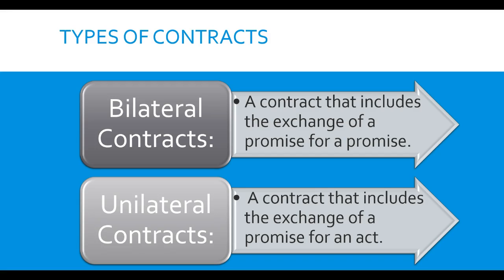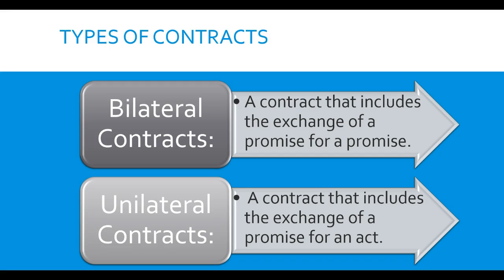A unilateral contract is a promise for an act. If an offeree can accept only by complete performance, a contract is unilateral. A unilateral contract's offer becomes irrevocable once substantial performance is completed. In a unilateral contract, only one party to the contract makes a promise.